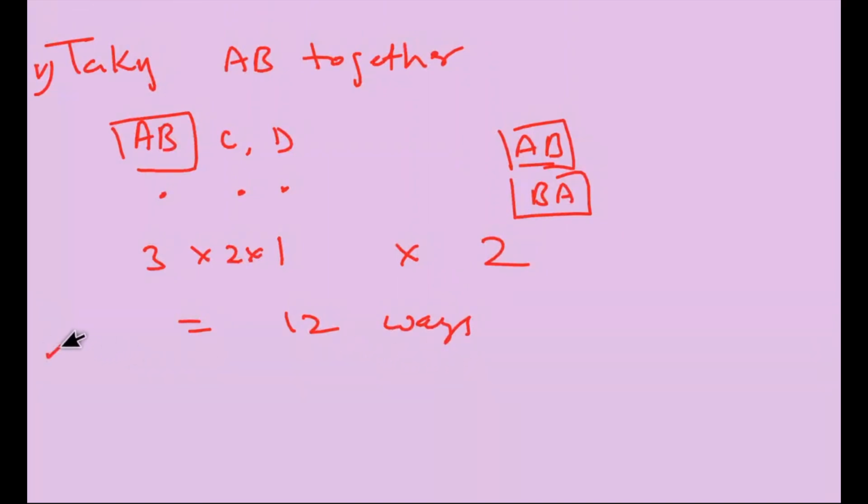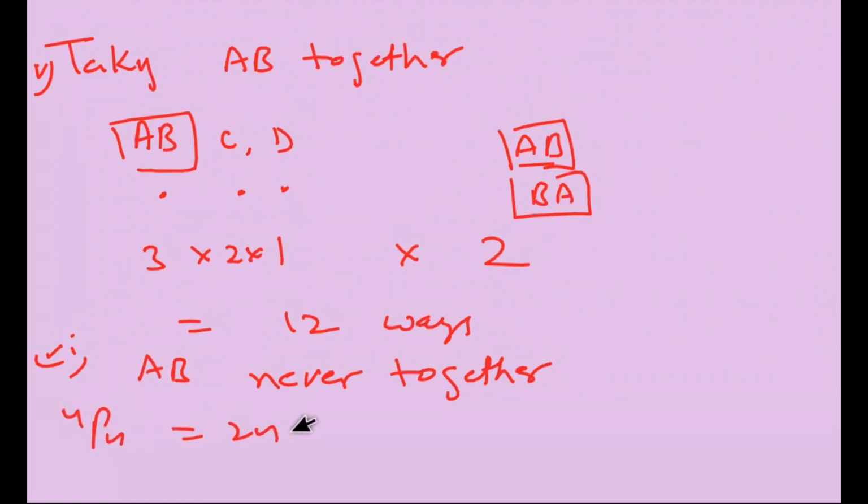Okay, and now 6, AB never together. In the first question we learned 4P4, that is 24, in which all methods come, together and not together. So AB never together is 4P4 minus 12, that is 24 minus 12, that is 12 ways.